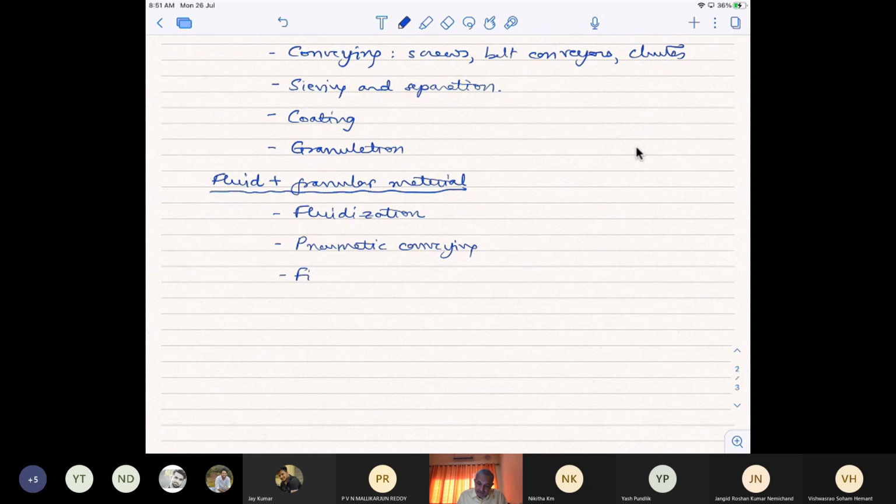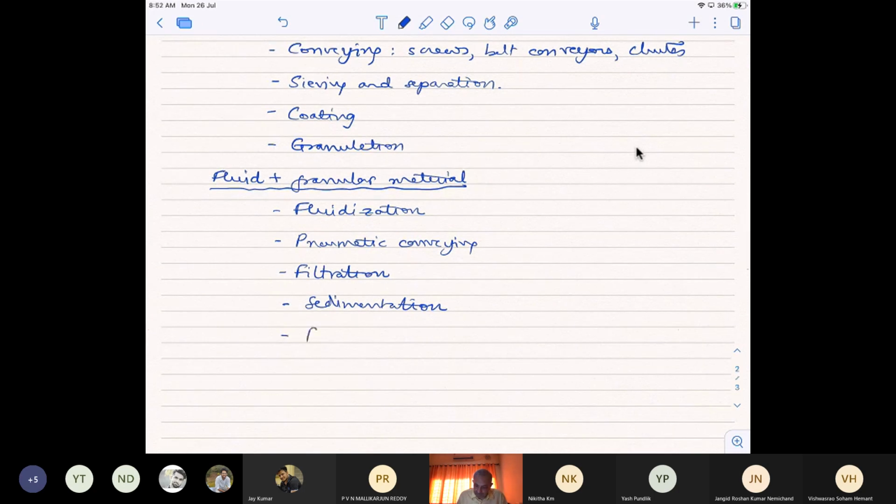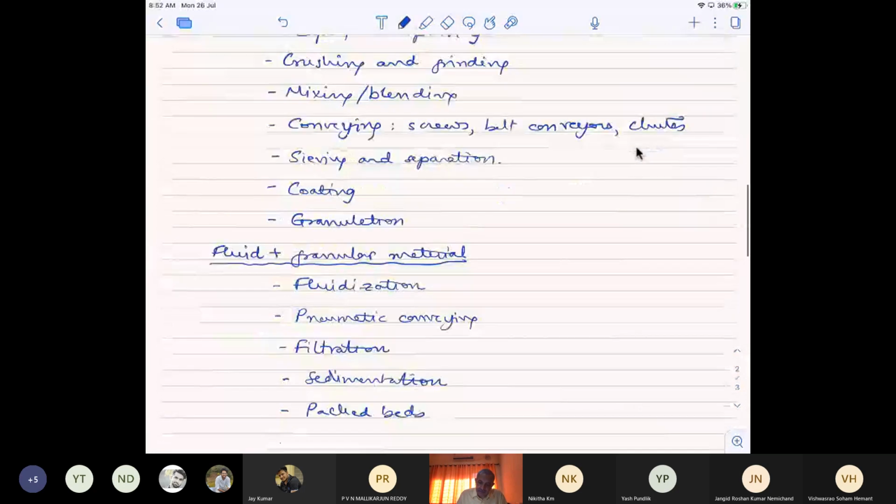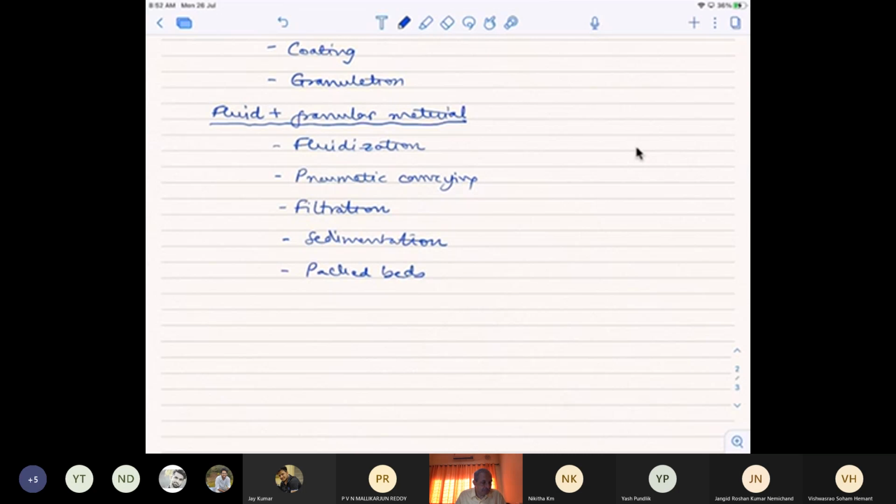You have things like filtration, then sedimentation, and then of course we have packed beds and the flow through packed beds and stuff like that. So all of these things are quite important, and they show up in a number of industrial processes.